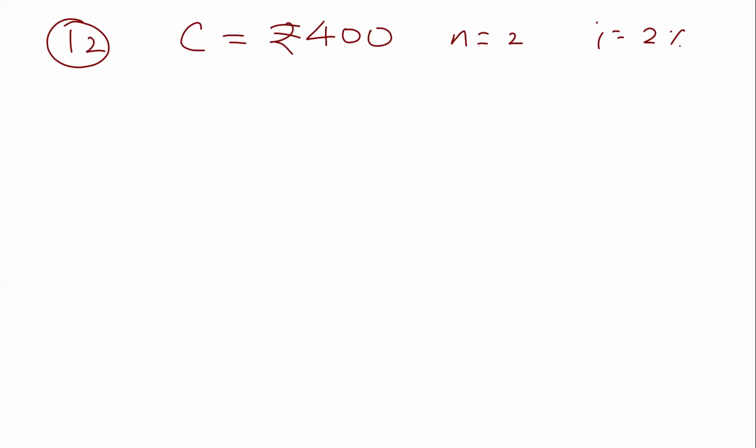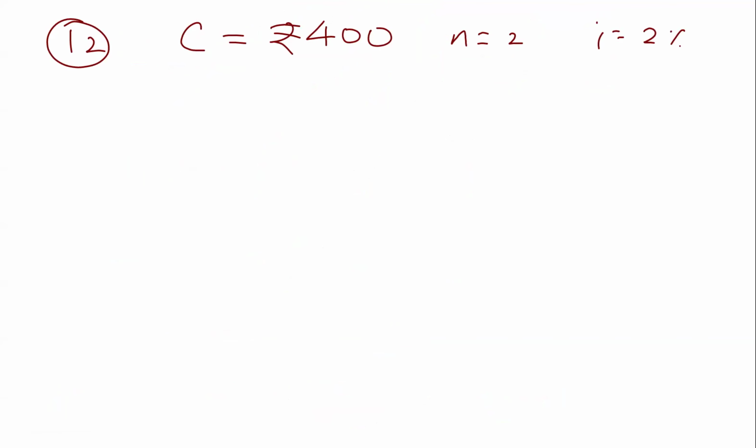So 100 will go up, 600 into 100 upon 8, 108 upon 100, 100 is getting cancelled, 108 upon 100 raised to minus 4, right?